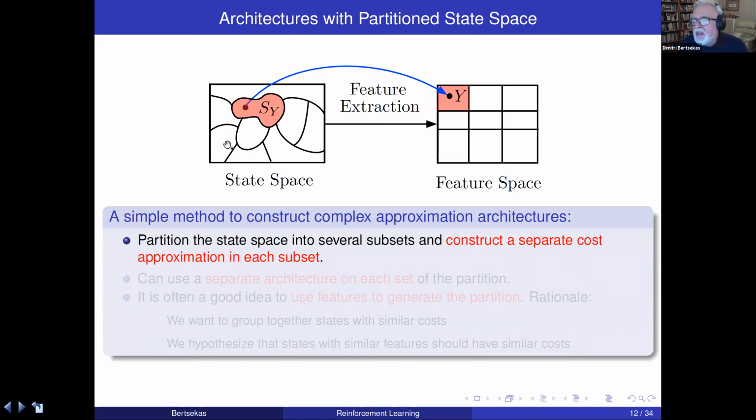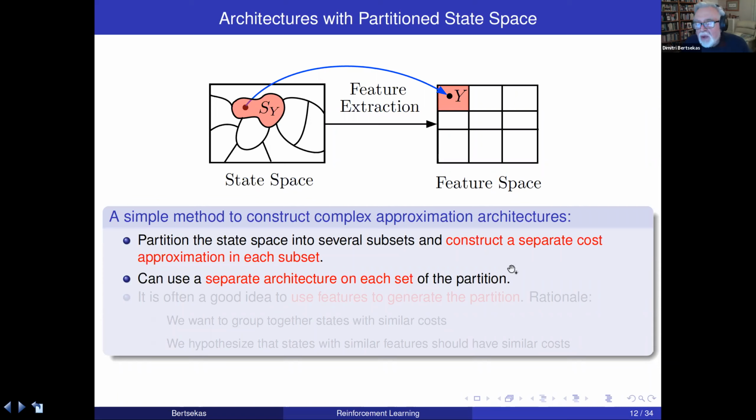So you may want to have a different architecture to represent the target function that matches its character. One possibility is to use a separate architecture on each side of the partition and do training on each side of the partition, perhaps with communication between different parts of the approximations. And we're going to talk about things like that later.